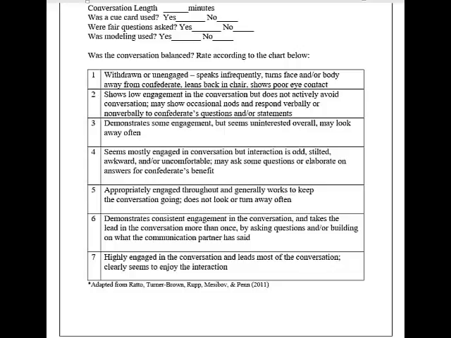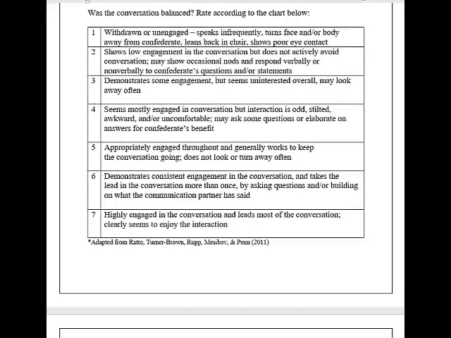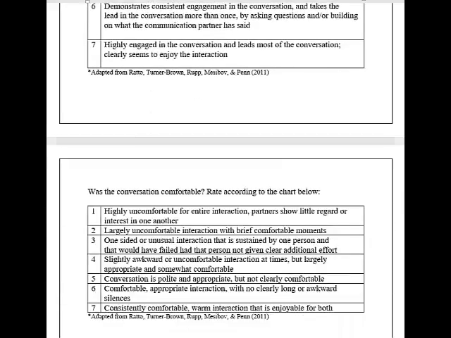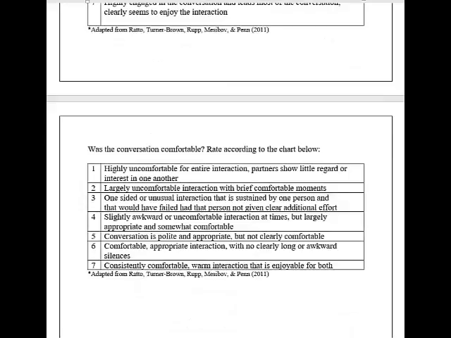Was it withdrawn or unengaged, or was Amy highly engaged in the conversation, leading most of the conversation and enjoying the interaction? The same is true with whether or not the conversation was comfortable. And we talked about how subjective that was. But again, if we put these numbers to these descriptions, that's really important information for our team.